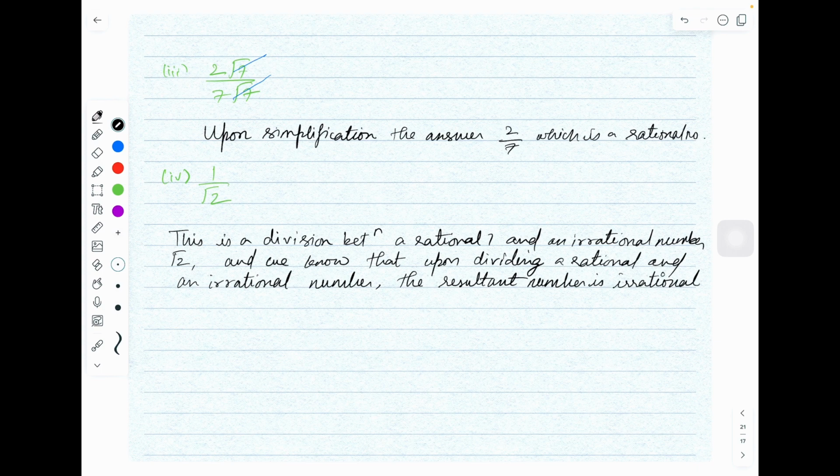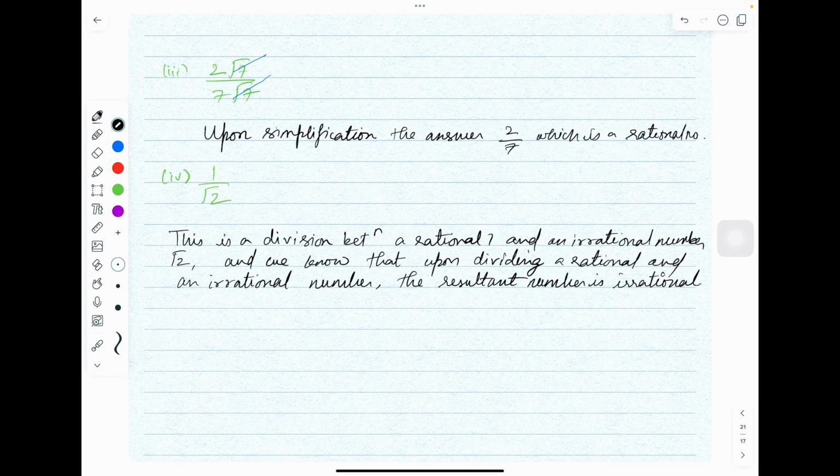See, 1 by root 2 is there. So 1 is rational, root 2 is irrational. So if you divide this, the resultant value will be irrational.